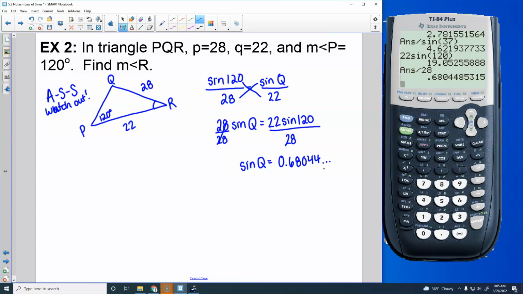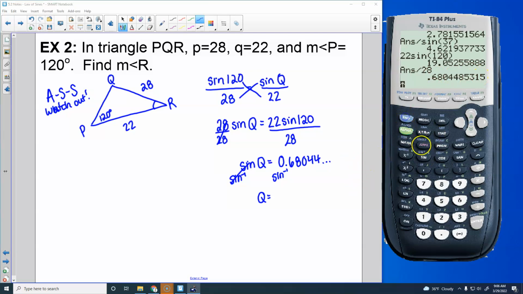Alright, so remind me, how do I get rid of sine? Inverse sine. So I'm going to inverse sine both sides. You guys know about the answer button on the calculator so that you don't have to type that number back in.